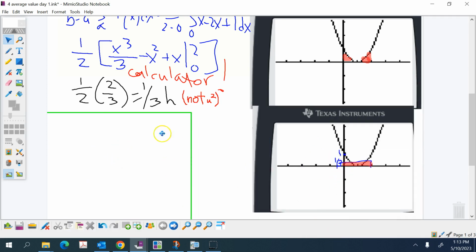So you can see I wrote over here that this rectangle with the same area as this has a height of 1/3. Here's the rectangle. That's 1/3 by 2. This is 0. This is 2. So 2 times 1/3 gets you back to the area, but that's not what the question is asking. It's asking what the height of the rectangle is.